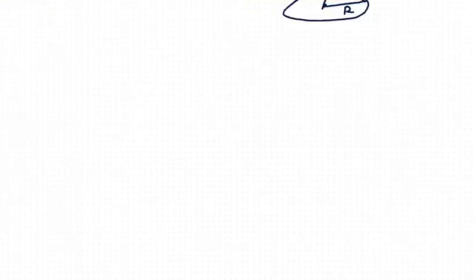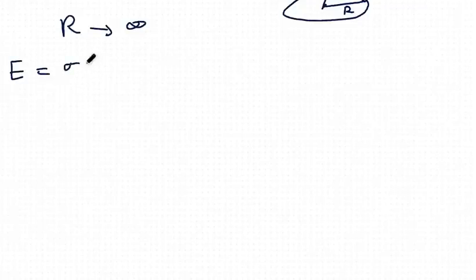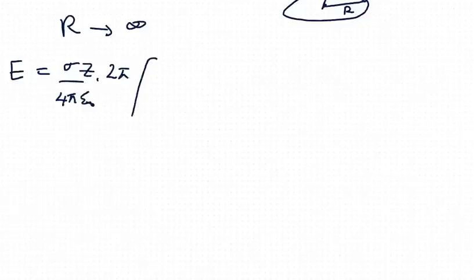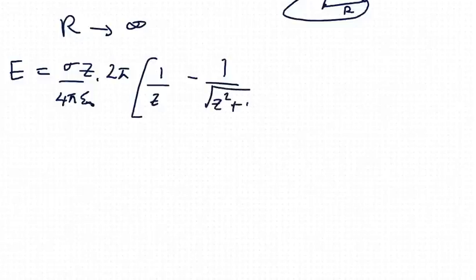For R tends to infinity, we have our electric field to be sigma Z divided by 4 pi epsilon naught, 2 pi, times (1 over Z minus 1 divided by the square root of Z squared plus R squared).